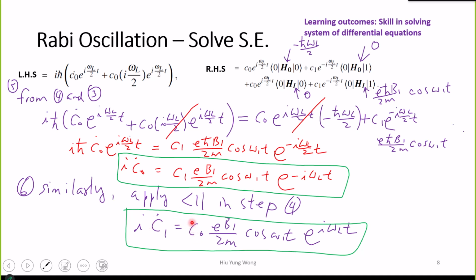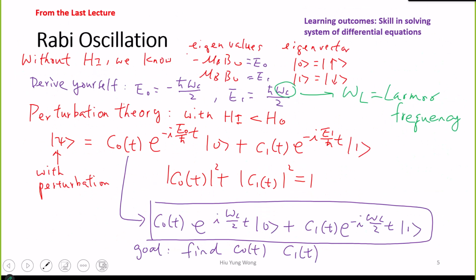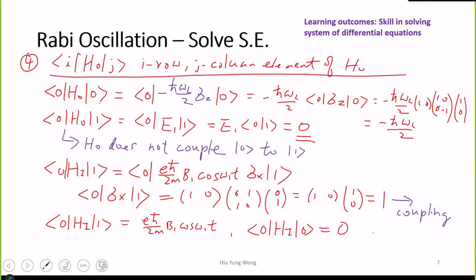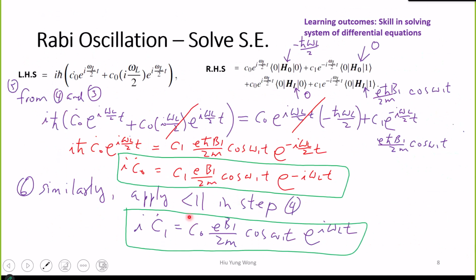In order to make sense out of this, and in order to keep C0 squared plus C1 squared equal to 1, because of the normalization requirement, your C1 must decrease and you will have a lot of C0, right? And then once you have a lot of C0, C1 will increase back. This is the only way to satisfy this equation, right? Do you agree?